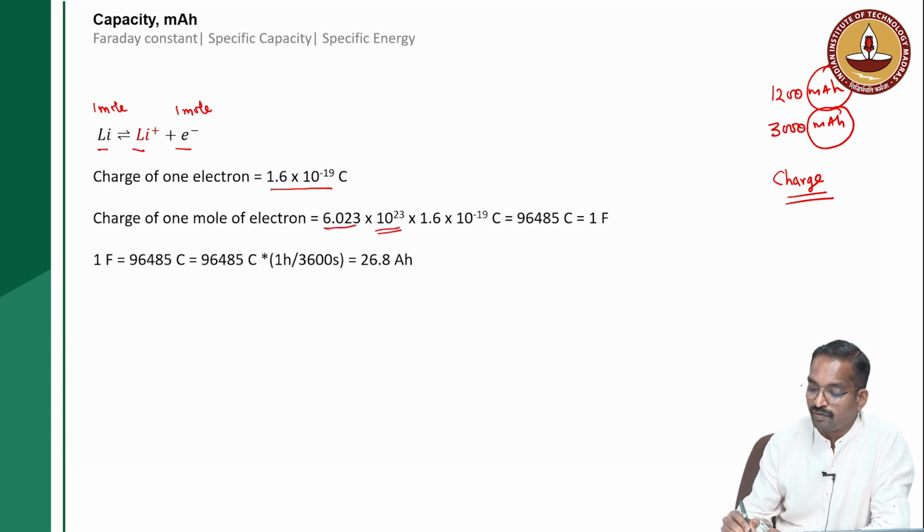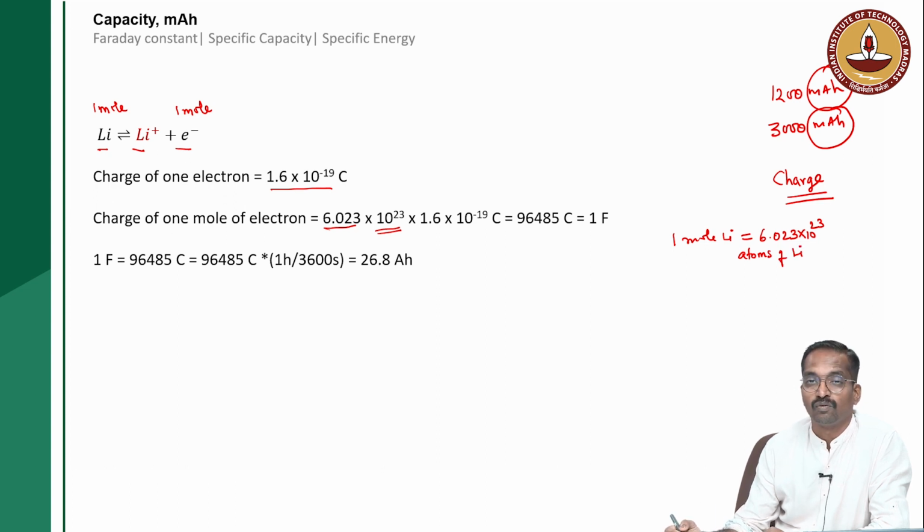That means if I have 1 mole of lithium, it will have 6.023 x 10^23 atoms of lithium.